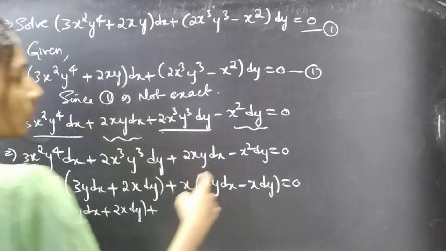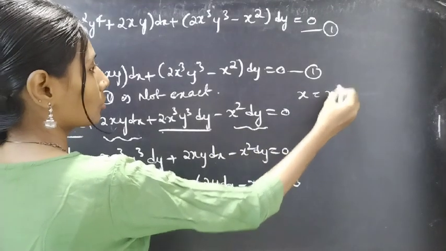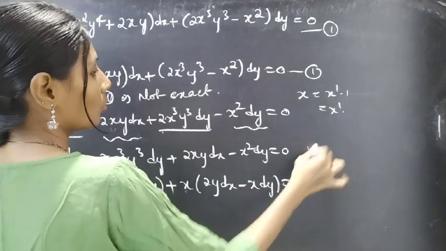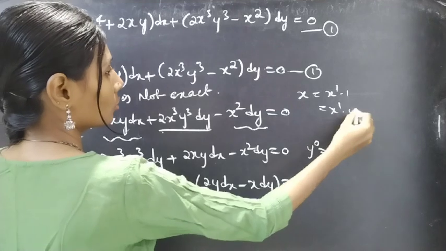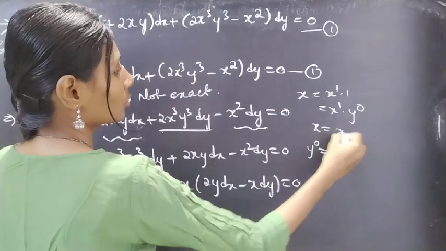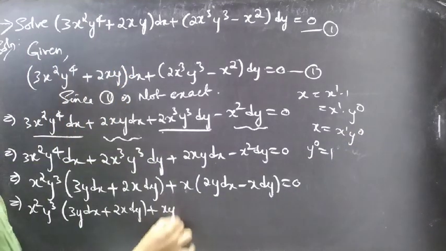plus, here you're having x, right, and we don't have any y term. We can write x as x¹ into 1, since y⁰ equals 1, so we can just replace this 1 by y⁰, and you can write x as x¹ into y⁰, or x into y⁰.